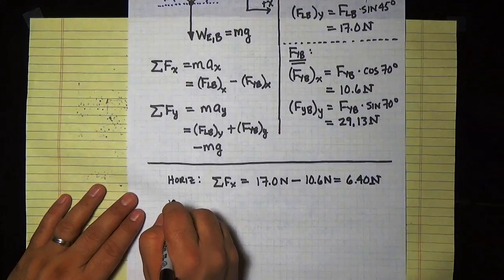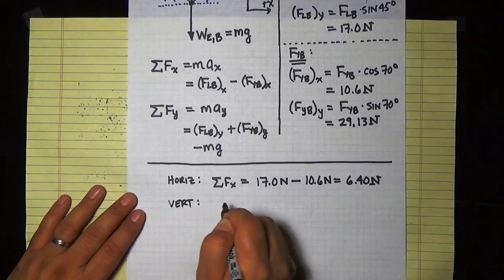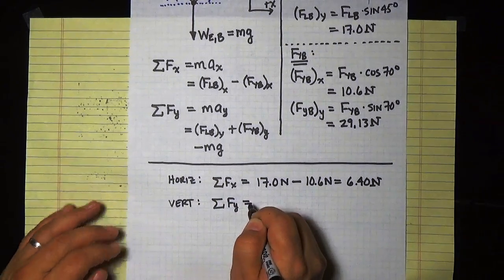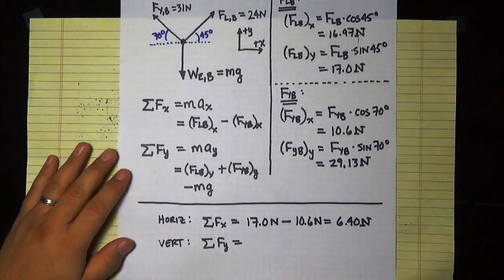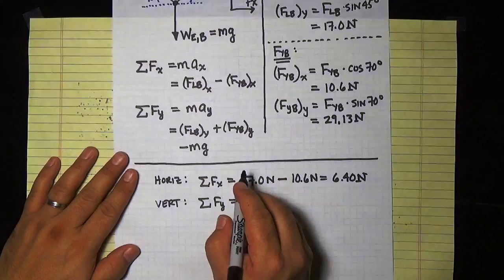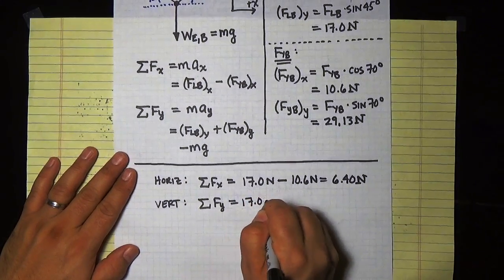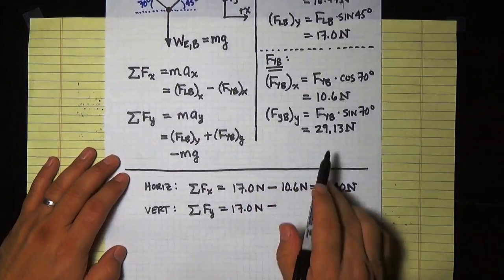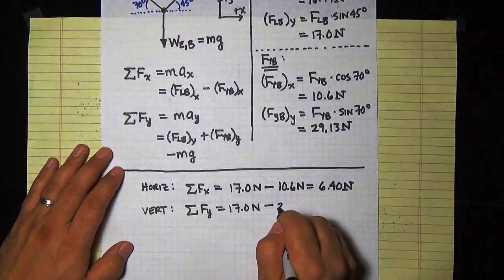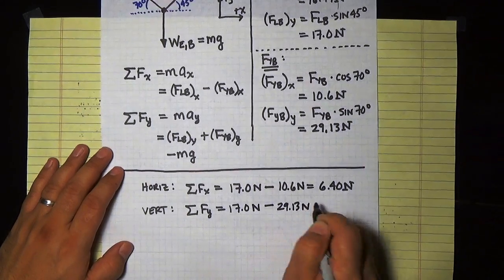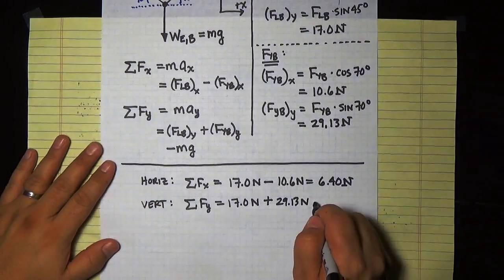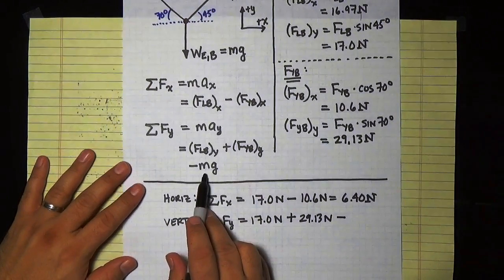Okay, so now we can do the vertical direction. This is the sum of the forces in the y direction. That is equal to the force that I exert on the bucket in the y direction, that is 17.0 newtons, plus the force that you exert in the y direction, that's 29.13 newtons, and then minus the weight of the bucket, m times g.